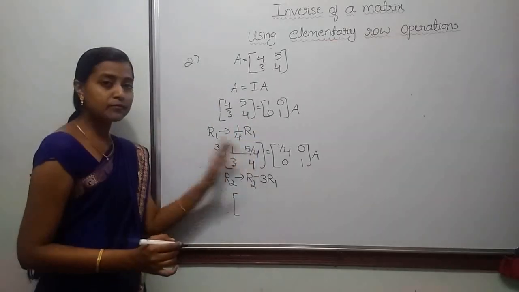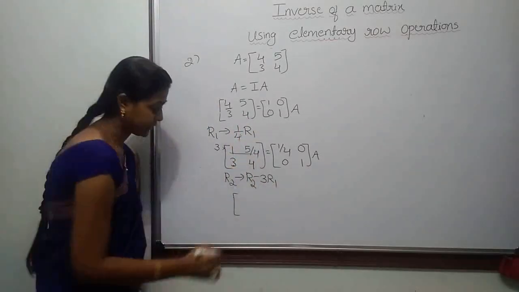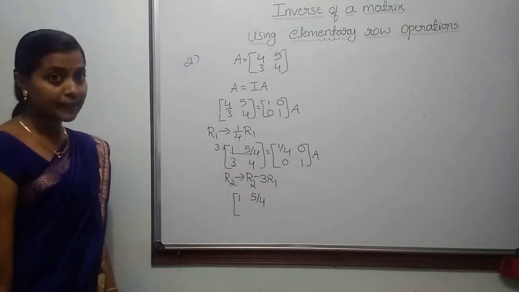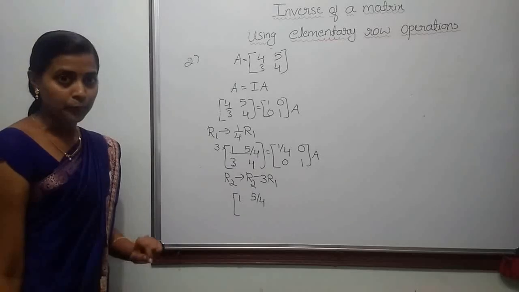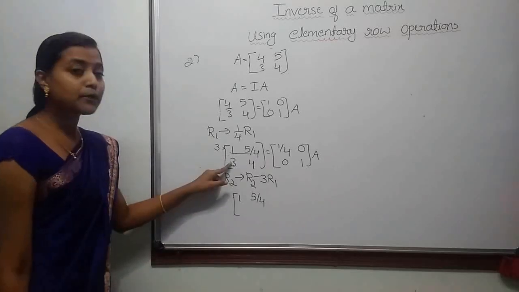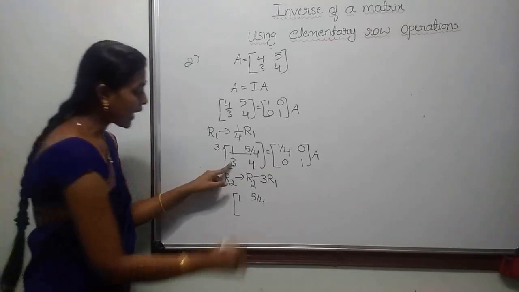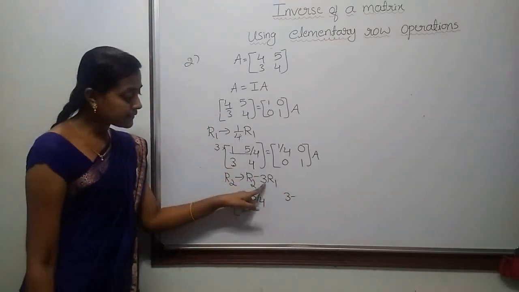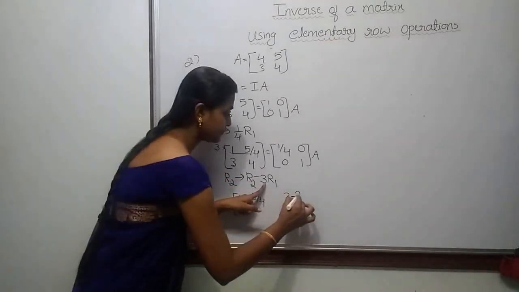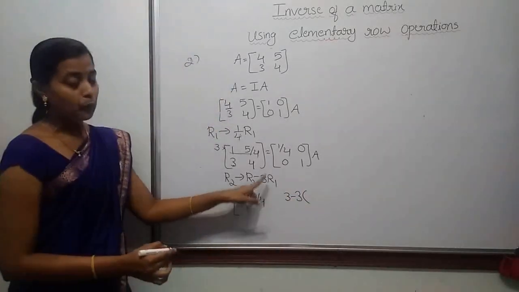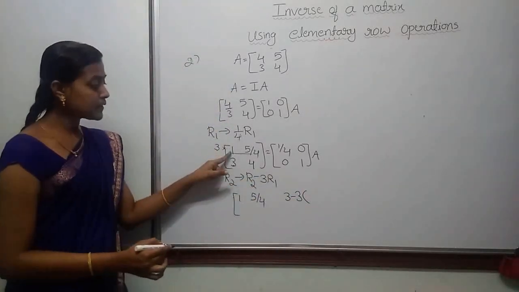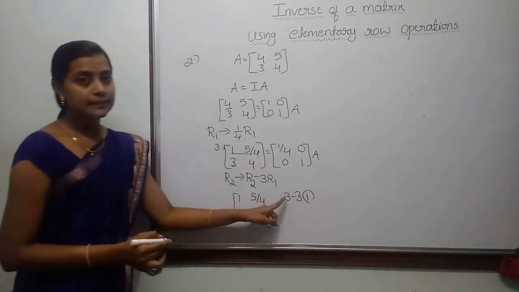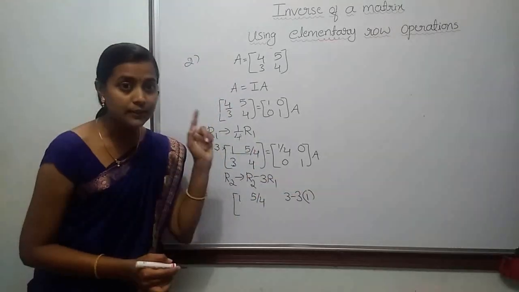1, 5 by 4 as it is in R1. In the second row, the first term is R2. The first element of R2 is 3. I will write 3 here. Minus this 3 as it is, into R1. The first element of R1 is 1. 3 minus 3 is 0.